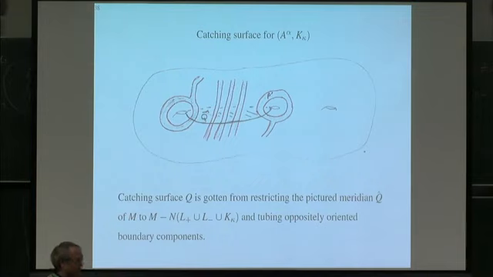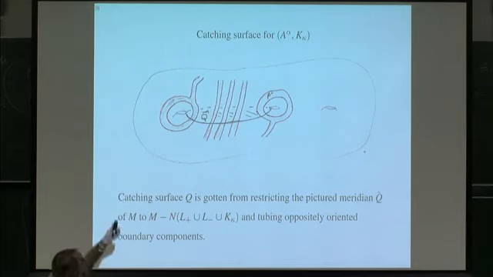Remember that the A alpha and K kappa live in the P cross I that I glue onto this three-punctured sphere.